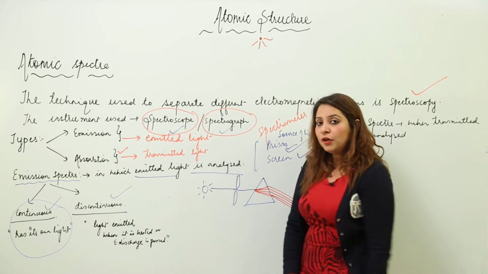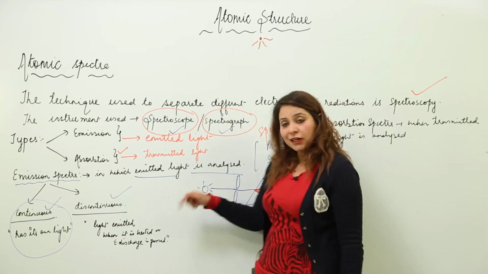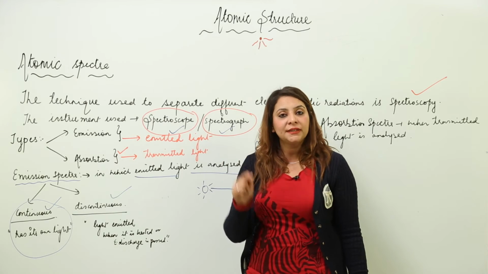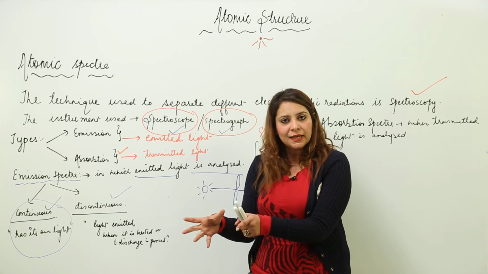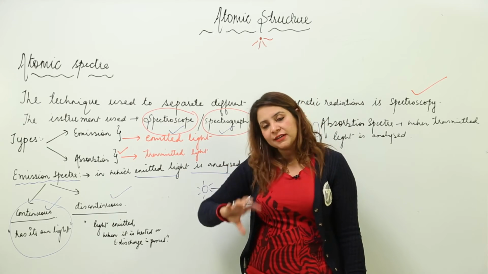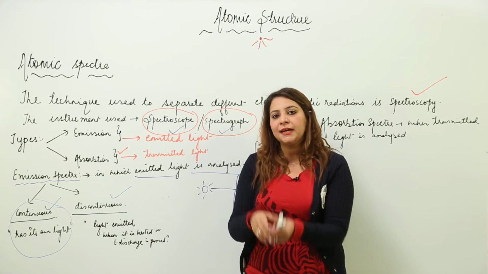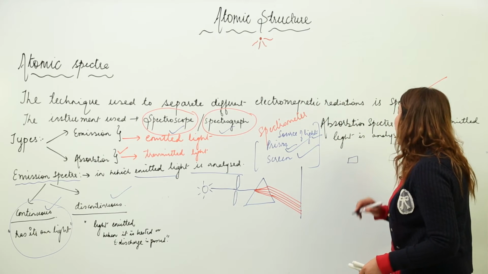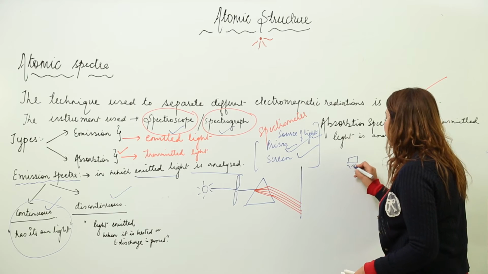So where do we observe this discontinuous spectrum? Here also we are going to study the emitted light, but the light is emitted only when you heat the substance or pass an electric discharge. Suppose I take a sample of sodium and I heat it.